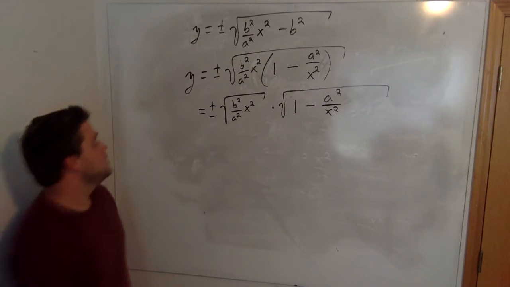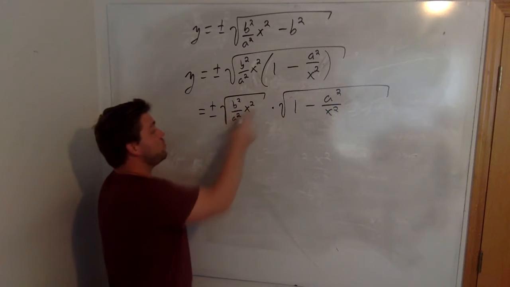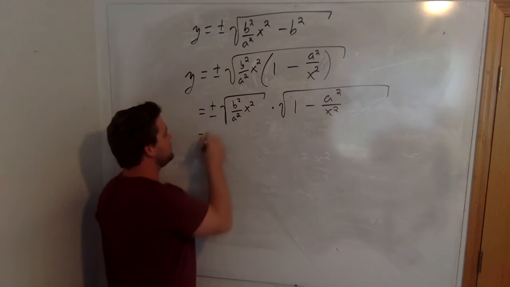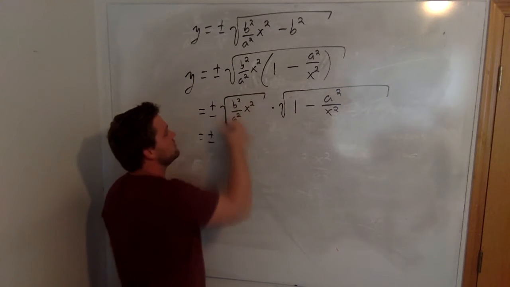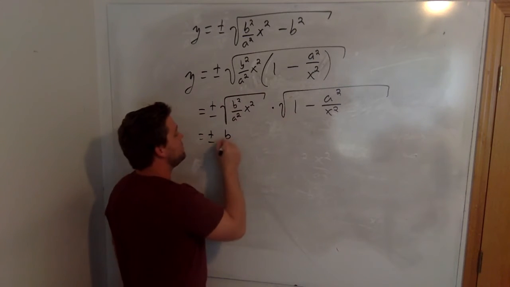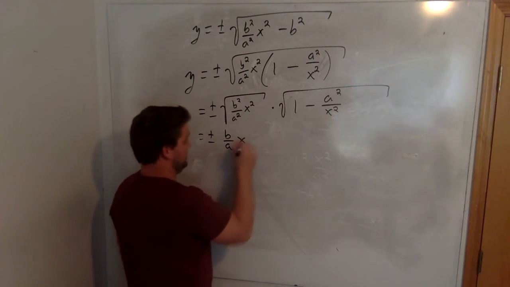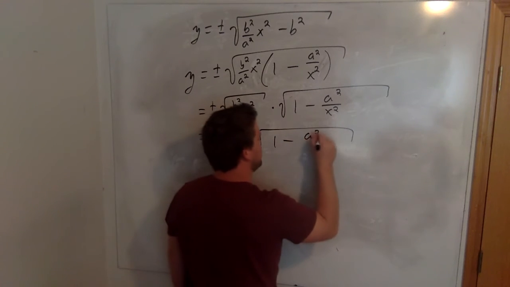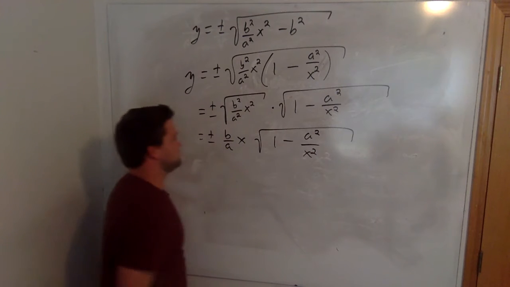Well, all of these squareds here will get killed with this square root. So this will be equal to plus or minus b over a times x times the square root of 1 minus a squared over x squared.